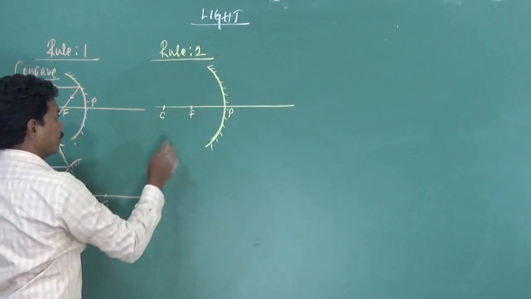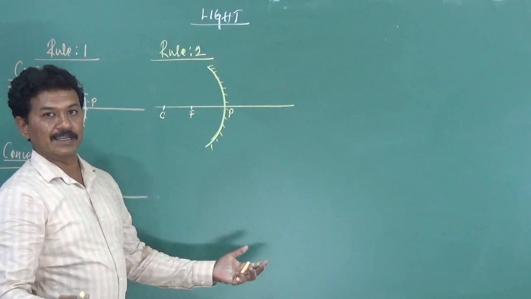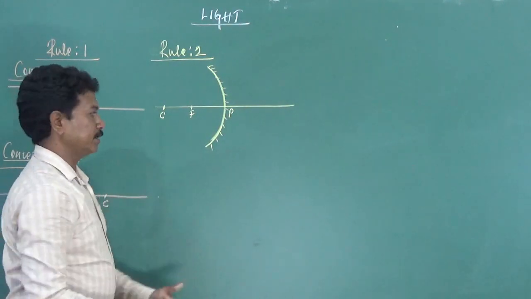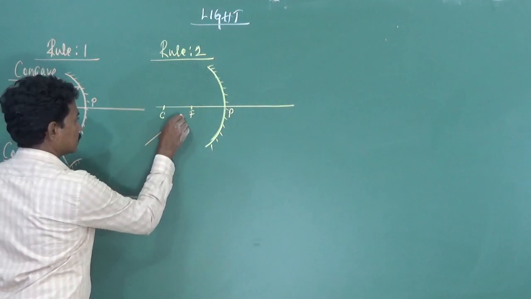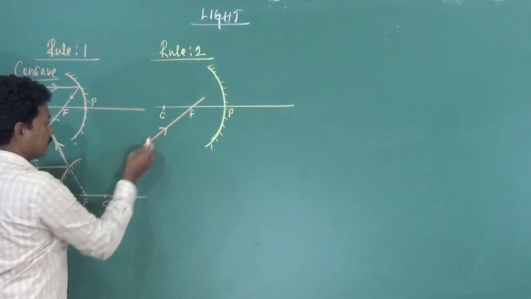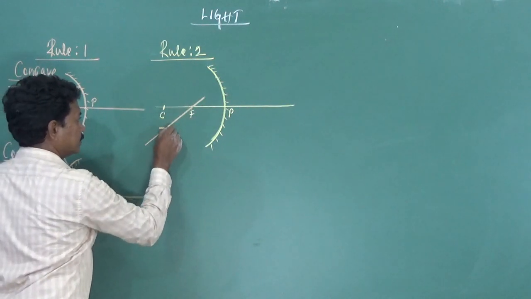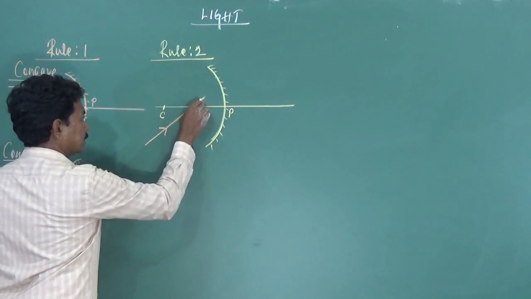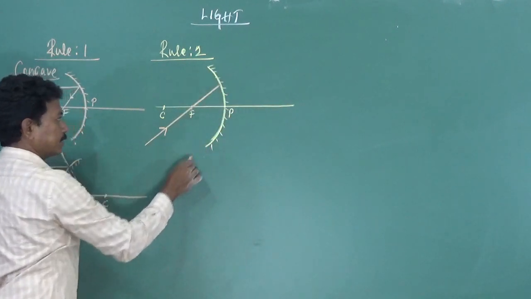Very important. Now let us imagine we do not know from where the light ray is coming. One light ray is travelling exactly through the principal focus. The light ray which is passing through the principal focus of the mirror is going to get reflected by the mirror.